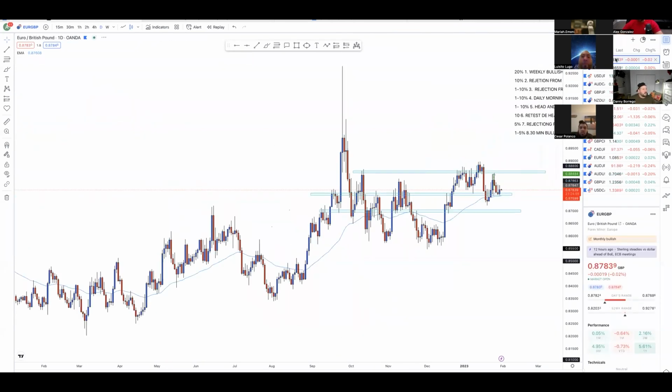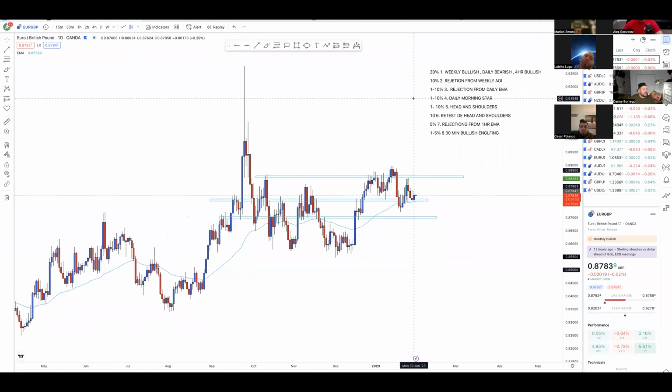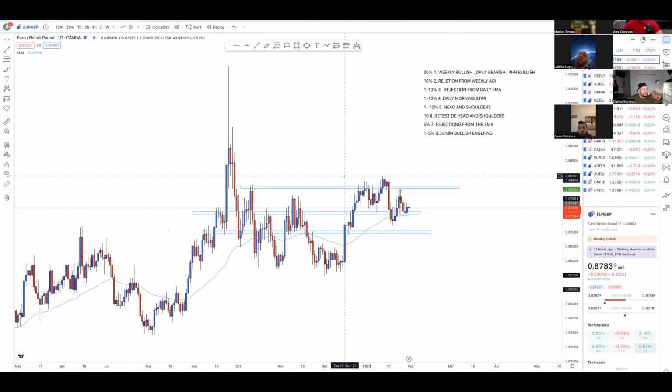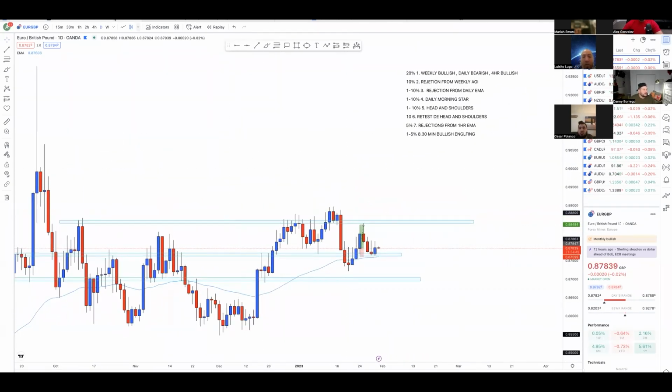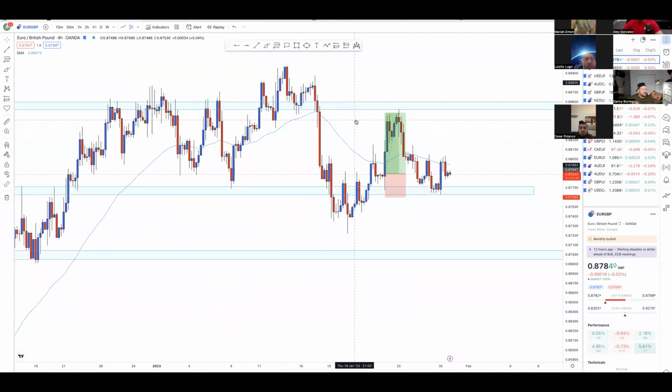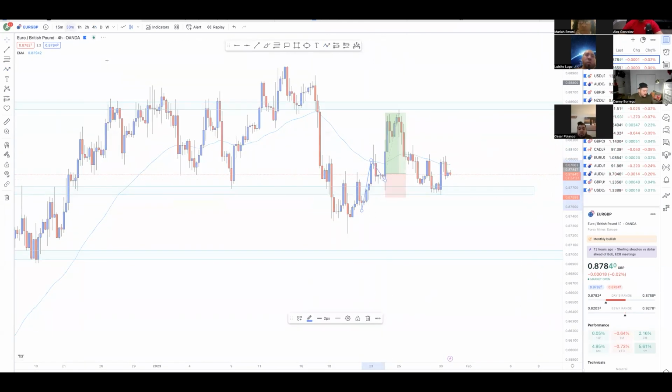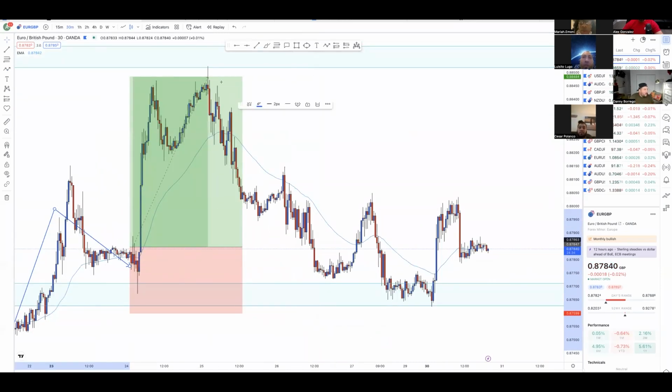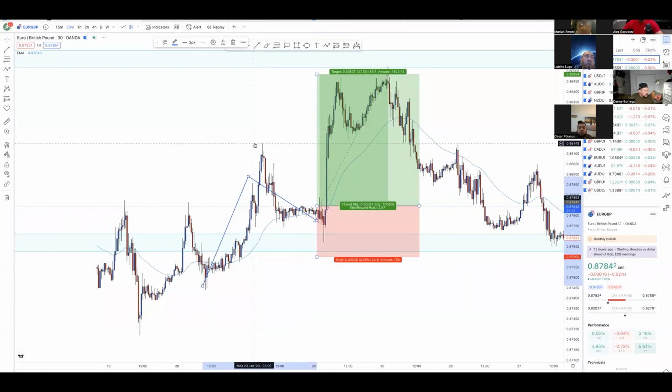All right, so let's start off. Last week we had a pretty interesting week. We had Euro GBP. We caught a nice little day trade, and it played out perfectly, as we were expecting. You guys already know we're having the retest of the neckline, the retest of the area of interest, and so on and so forth. I entered off of this 30-minute bullish engulfing right here.